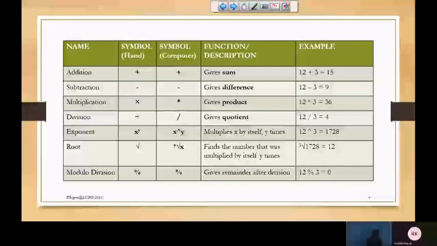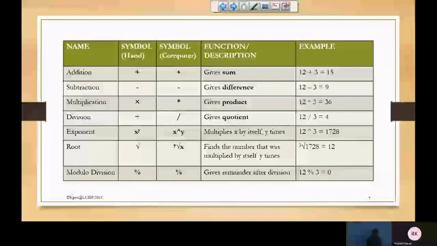Okay, so what's the function or description of addition? It gives the sum. For example, there 12 plus 3 is 15. Subtraction gives the difference. For example, 12 minus 3 is 9. Multiplication gives the product. For example, 12 times 3. Notice how it's written using the computer symbols, because this is how you're going to meet it all of the time.